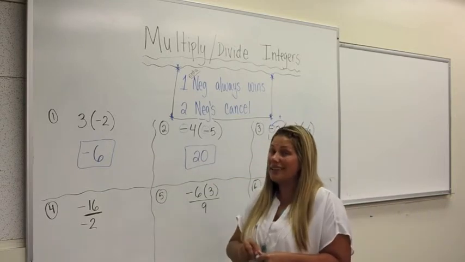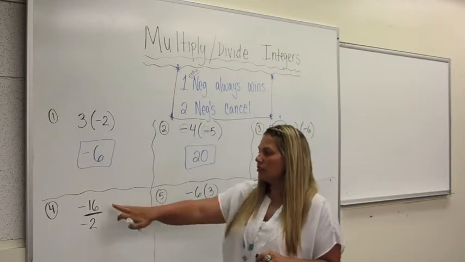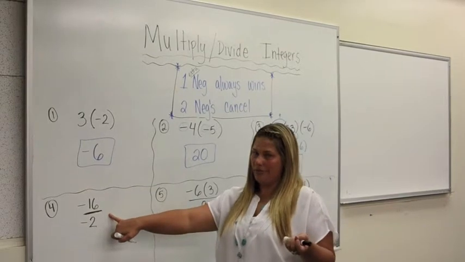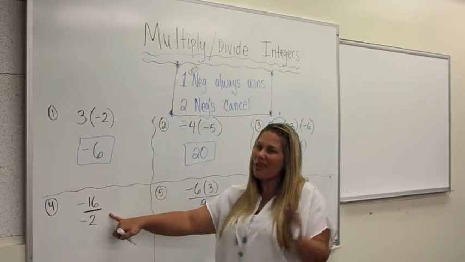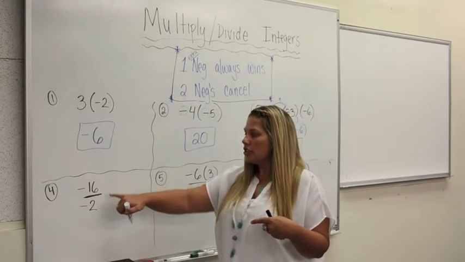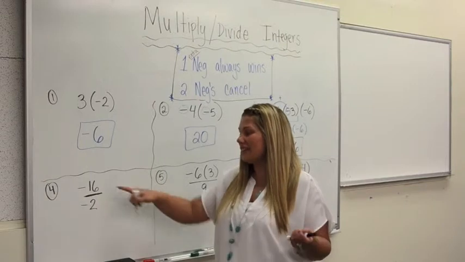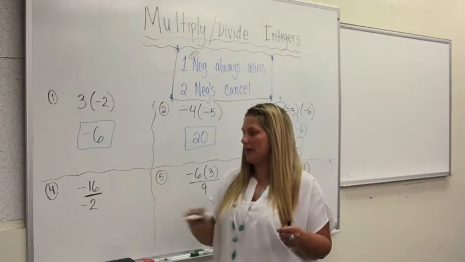What's cool about this is the rules are exactly the same. So right here, I have a fraction bar. Well, remember, fraction bars, I know they freak people out, but fraction bars just mean divide. So now, instead of multiplying 16 and 2, I'm just going to divide 16 divided by 2.